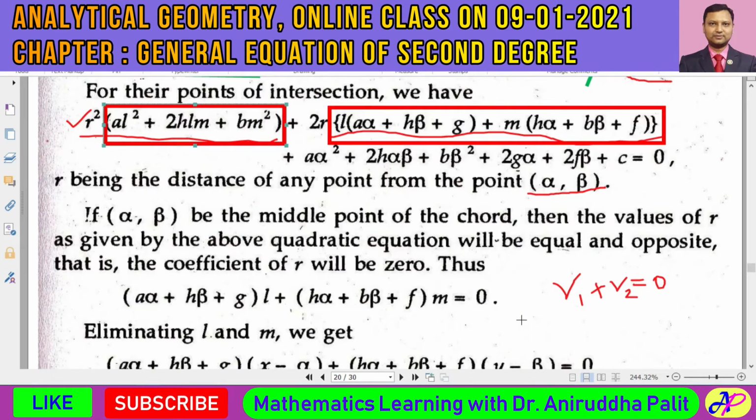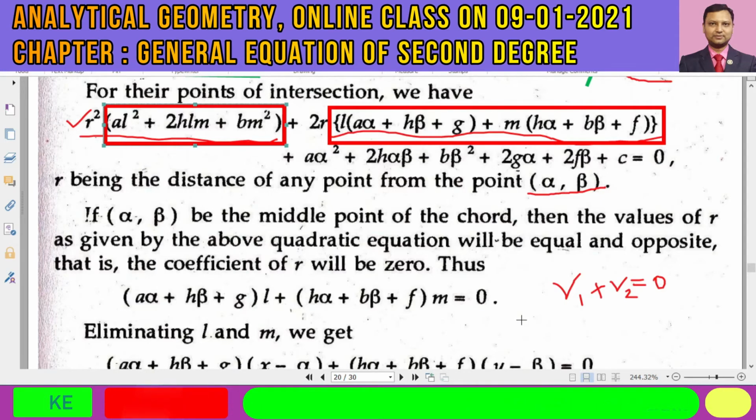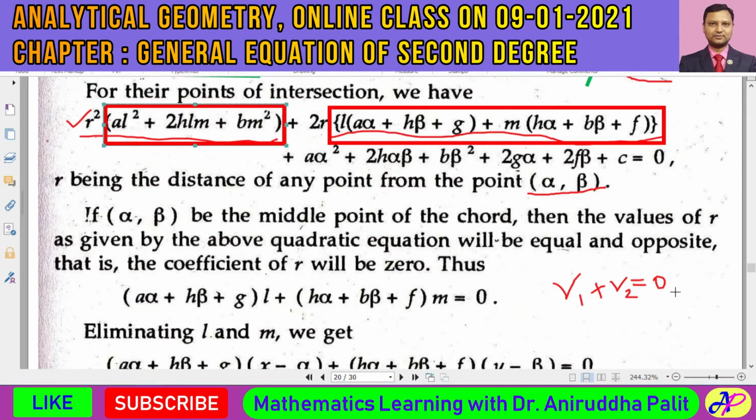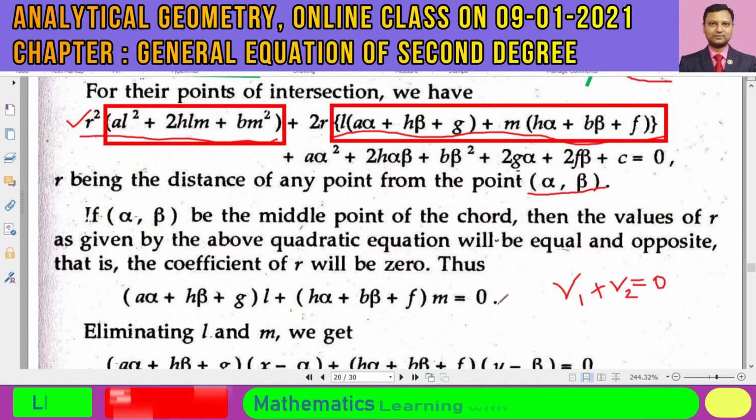So if, as per the question, R1 plus R2 becomes equal to 0, what does it mean? It means that b should be equal to 0. The coefficient of r should be equal to 0. So if R1 plus R2 is equal to 0, then the numerator, the coefficient of r, must be equal to 0, and that's what they have written over here.